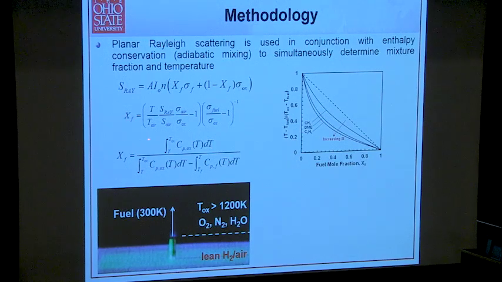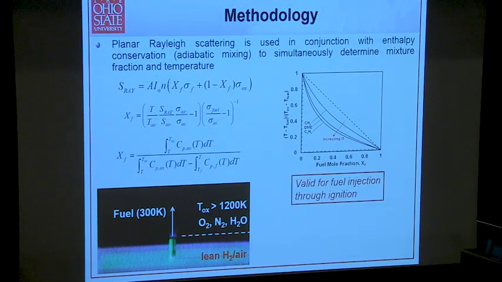But also, by looking at the different heat capacities between the oxygen and the fuel, you can write another equation for the fuel as a function of the heat capacities, and then through an iterative solution, you can get two variables from one measurement.